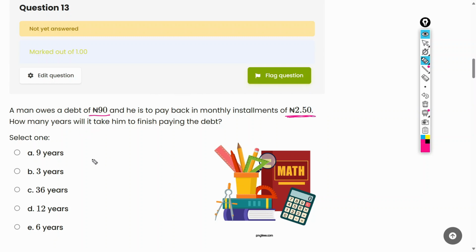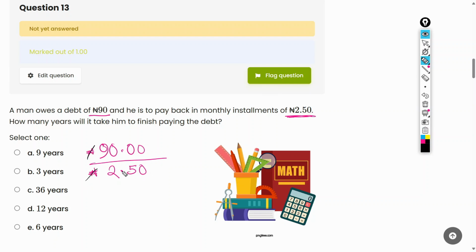So the first thing I want to do is to look for how many 2 naira 50 kobos are there in 90 naira. So we divide 90.00 divided by 2.50, because our units will cancel out.